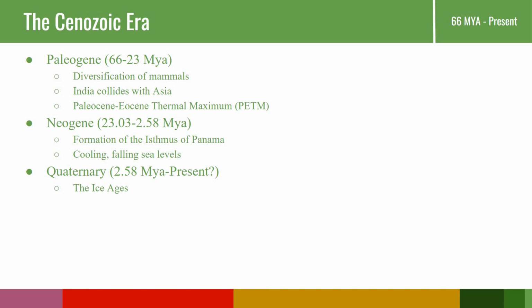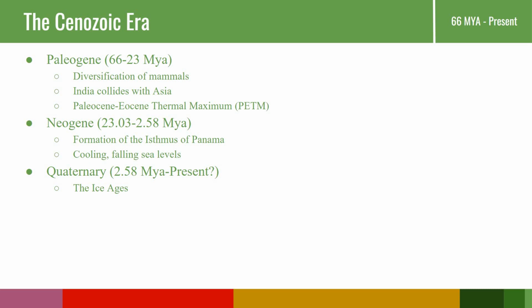After the Paleogene, we get the Neogene, where we see the formation of the Isthmus of Panama, which connects North and South America and allows for exchange of life between those two continents, but separates the Atlantic and the Pacific Oceans, at least in that area, which really rearranges how some ocean currents work.